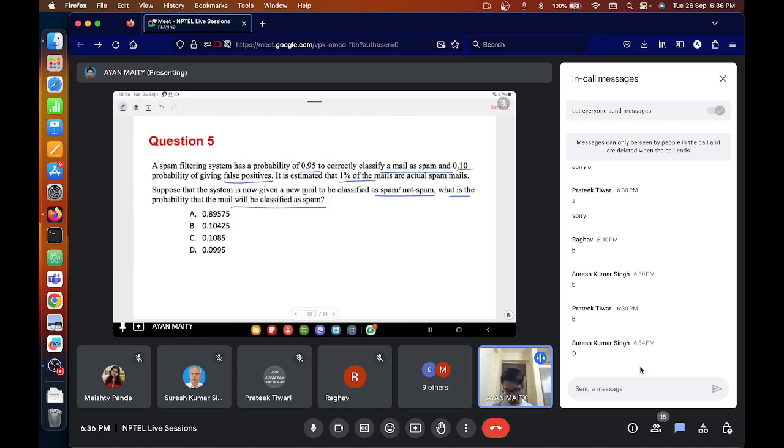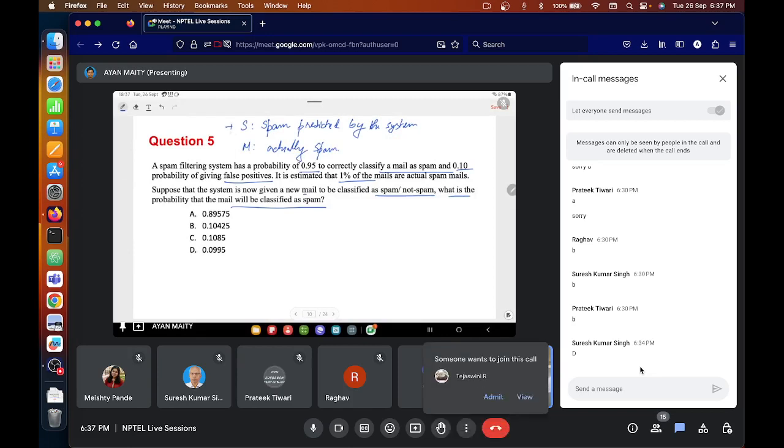So for this question, we have to consider two random variables to make the calculations easier. We can consider a random variable S, which stands for spam predicted by the system, and M, actual spam.